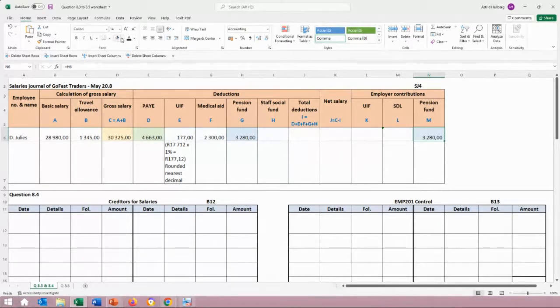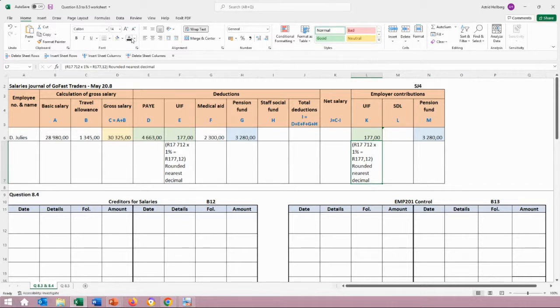So that means that what is at G is exactly the same as what is at M. Okay? Furthermore, there's 177. What is at E is also what is at K, because the employer contributes exactly the same amount as what the employee contributes. So it's based on the same information.